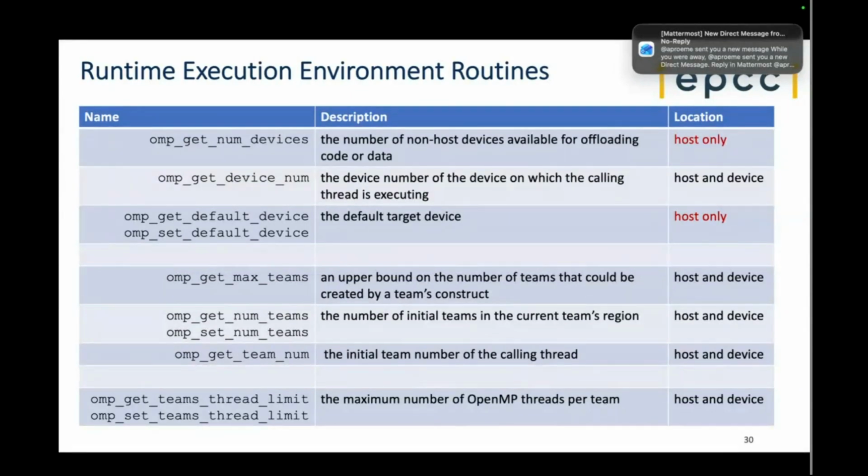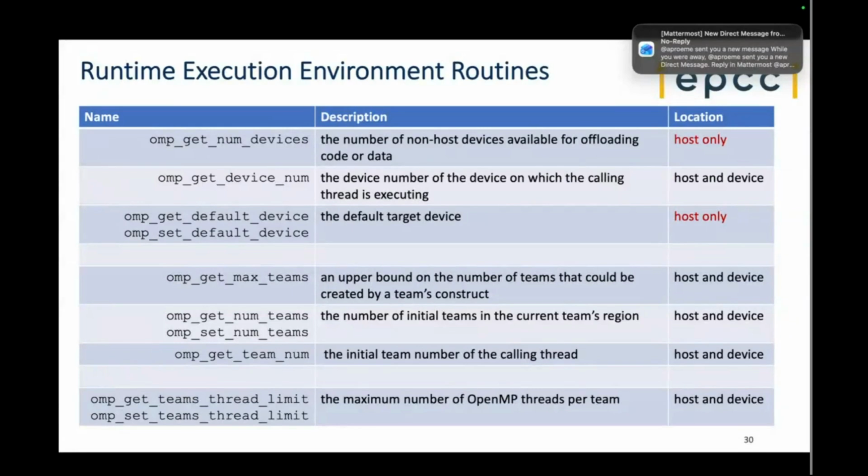OpenMP is mostly directives, but it also has function calls. These are examples of some of the functions you can use to query essentially hardware information, like what is the maximum number of teams that I can submit, or the maximum number of threads, and also information like if you're running on the device and you ask yourself how many teams do I have, you can use omp_get_num_teams.